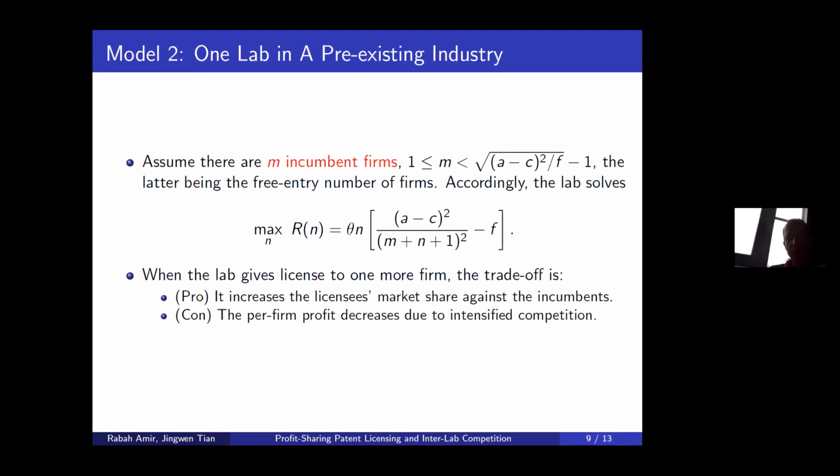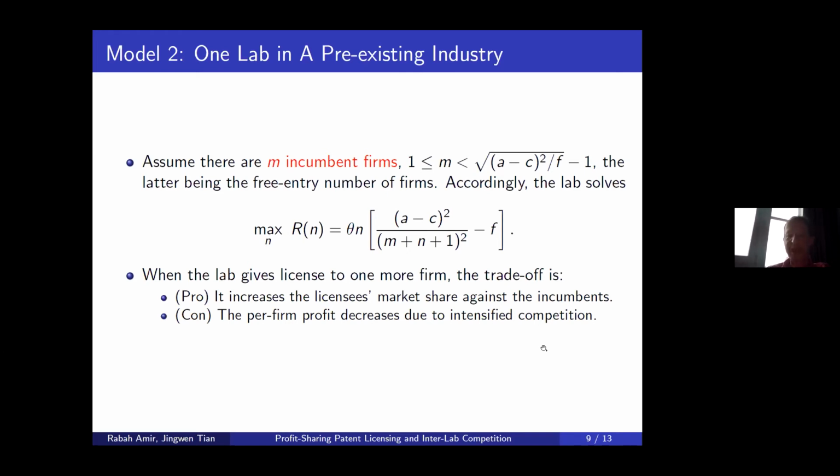So to summarize the result: if you have M existing firms, and supposing K, the entry cost, is 0, then the lab would sell to M plus 1 firms, yielding a total of 2M plus 1 firms in that industry. But because K is typically positive, there is a fixed cost for each new firm to operate, so the total number of firms in the end will be strictly less than 2M plus 1.